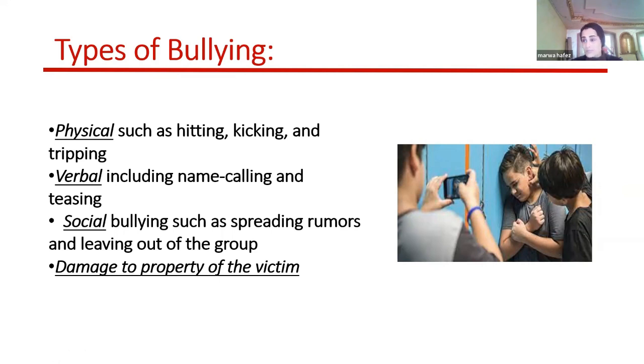This is the most dangerous sort of bullying: spreading rumors about someone, saying lies that are not true, and people believe it and act according to what they heard without investigating, without asking or questioning the one who is in charge. Then there is damage to the property of the victim. As we said, bullying has many types, and I tried as much as I can to minimize them to these four types.